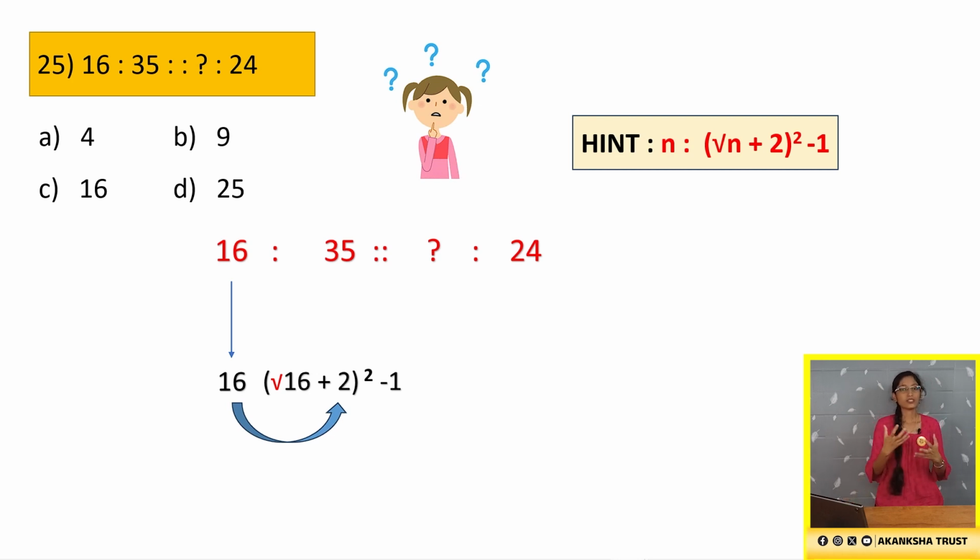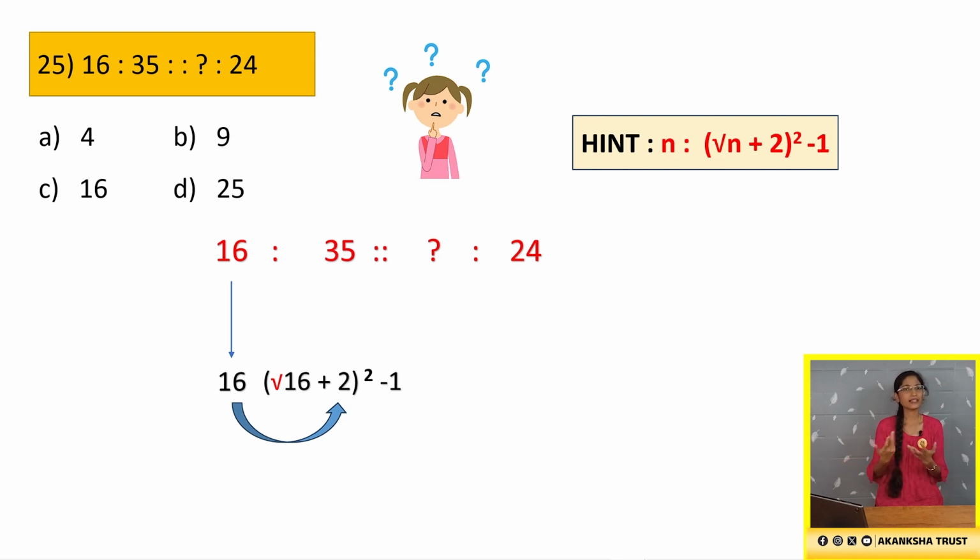Or if the formula looks lengthy and difficult, you can do it like this. See, 16 and 35: 36 is very near to 35. So 36 is the square of 6. How are 6 and 16 related? The square root of 16 is 4, and 4 and 6 can be related as 4 plus 2.